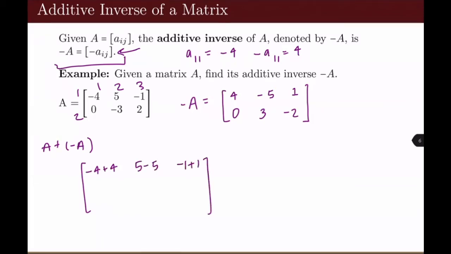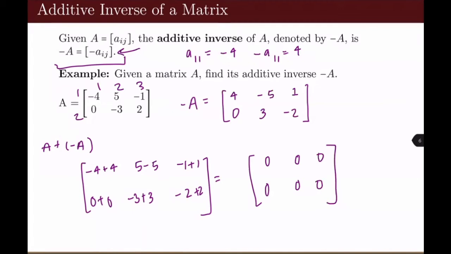Can you guess what's going to happen? 0 plus 0, -3 plus 3, and -2 plus 2. So we get the 0 matrix. And that is why it's called an additive inverse, because when added to the original matrix, you get the 0 matrix. All right? Let's keep going.